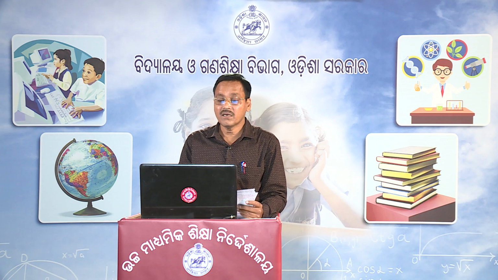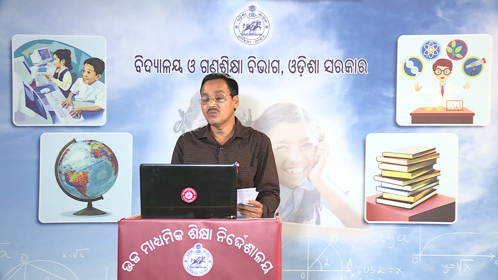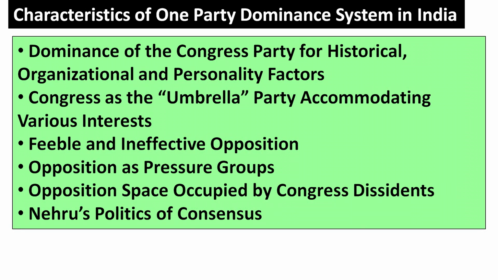The important characteristics of the one party dominant system in India is the dominance of the Congress party for historical, organizational, and personality factors. We have already talked about the role of the Congress party in the freedom movement, a long history from 1885 till date. The Congress remained dominant in some states and also in national politics, and its organizational structure goes from top to bottom.